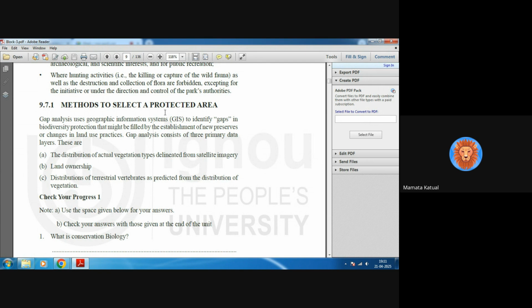Gap analysis identifies the gaps in biodiversity protection. If in a country there are only 10 protected areas, that means they do not cover all the area. There may be some areas which are not protected, and we have to identify those gaps, and that is known as gap analysis.